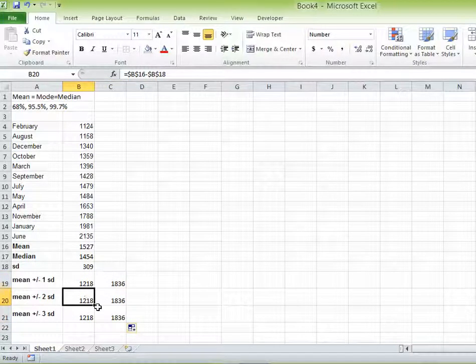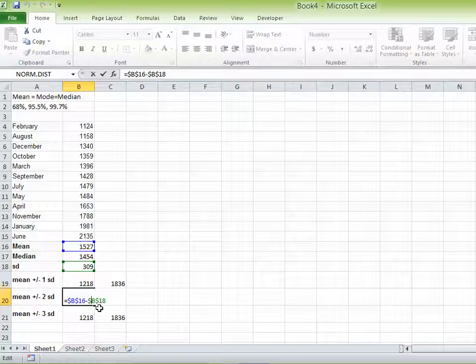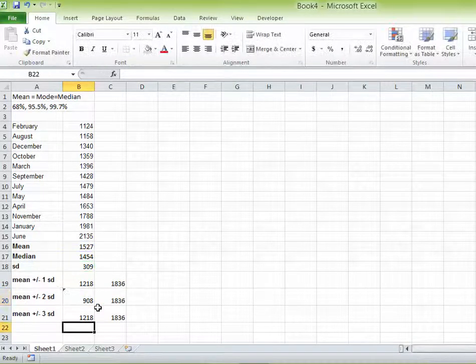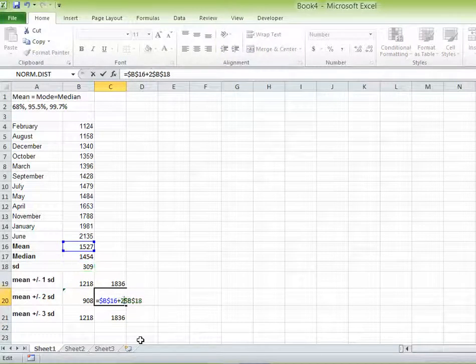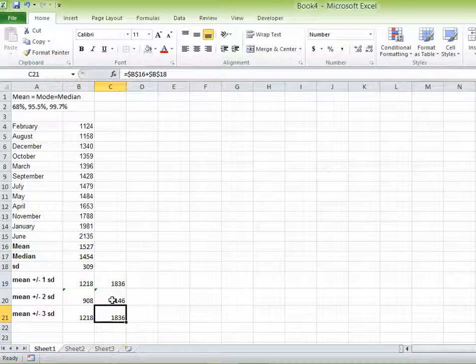But let's look at this first one. All we have to change is we want the standard deviation to be multiplied by 2. So I'll say 2 times. And this one, we want the standard deviation to be multiplied by 2 times. And you can see the range is growing.